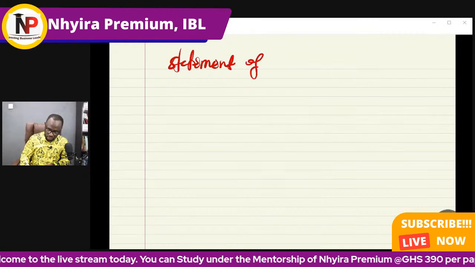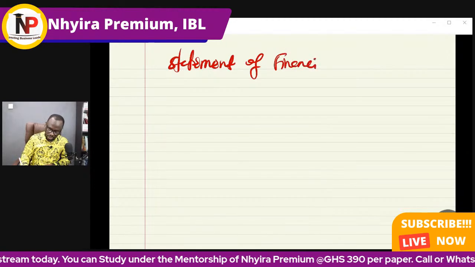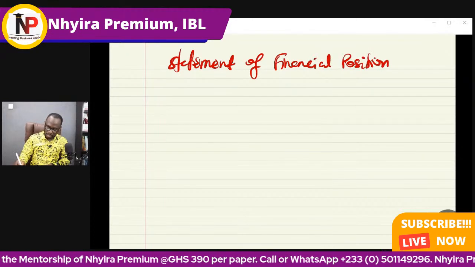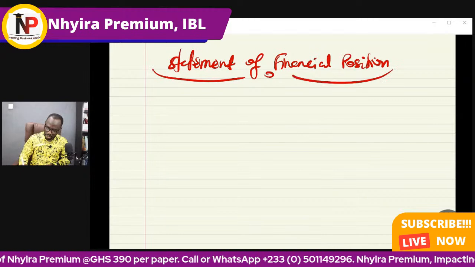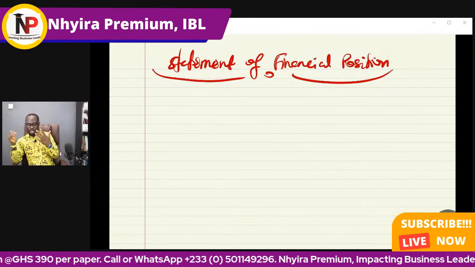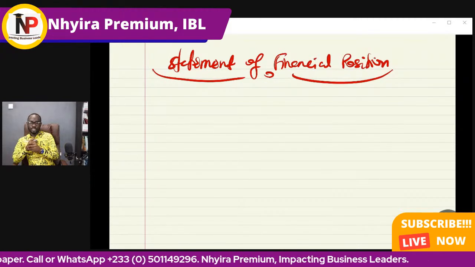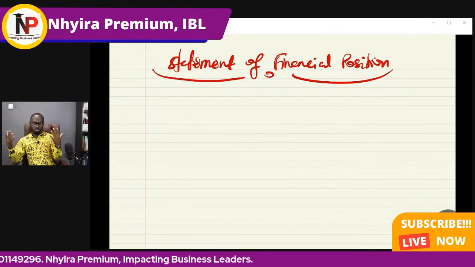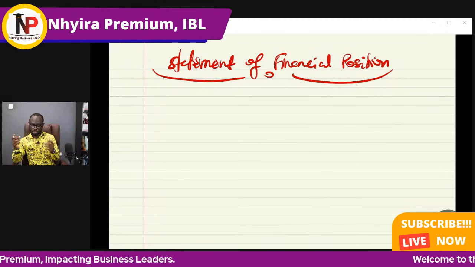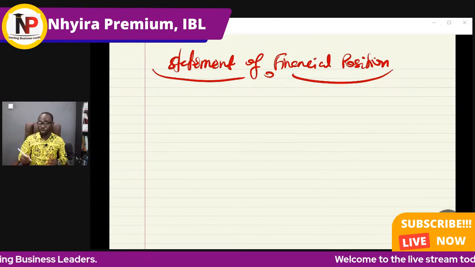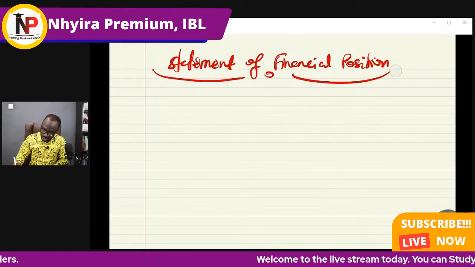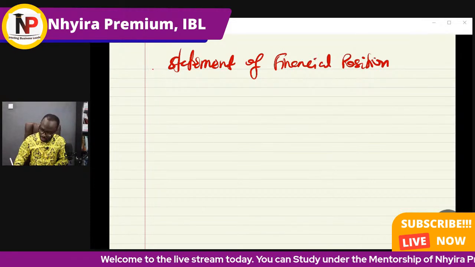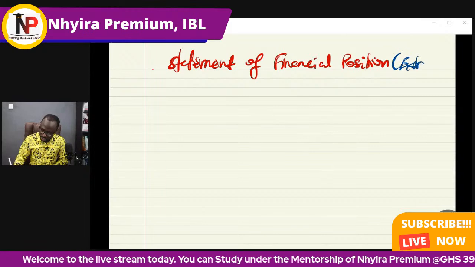So statement of financial position. So when it comes to dealing with the statement of financial position, how do we go about it? Again, we're going to be presenting that in a columnar form. Statement of financial position. This is an extract.